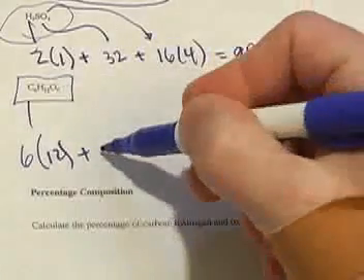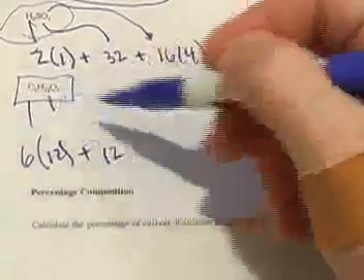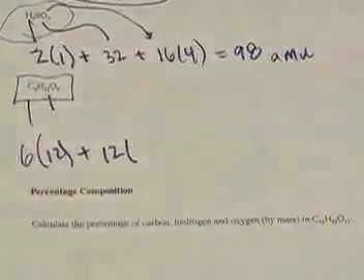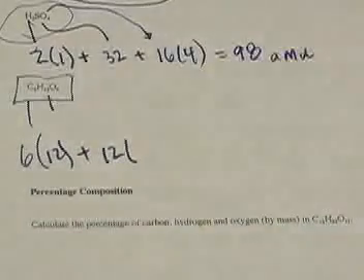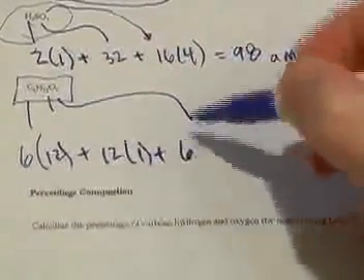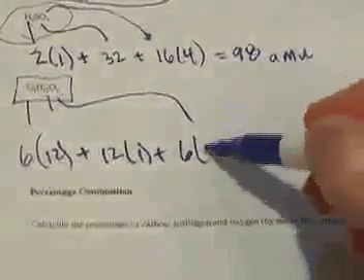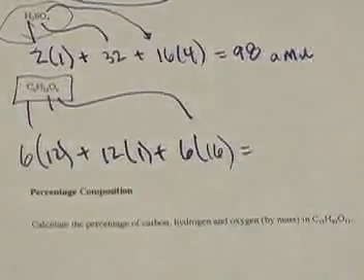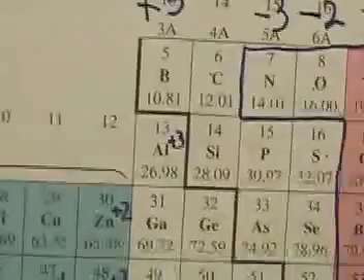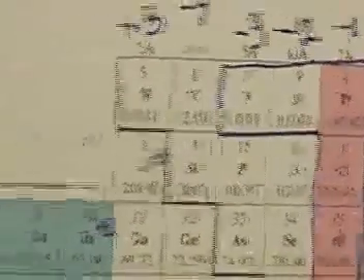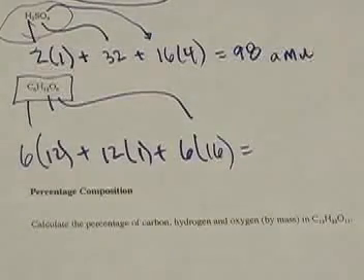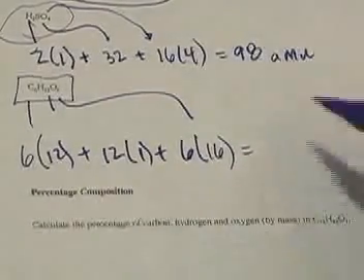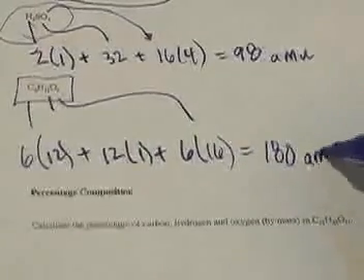Plus hydrogen, there's 12 of them in this formula, and I need to multiply that by hydrogen's atomic mass, which is 1.008, pretty close to 1, plus oxygen's atomic mass, and I need to multiply that by 6 because there's 6 of them. 6 times 16, because oxygen's atomic mass is 16 if I look at it on the periodic table right here. So make sure you've got your periodic table in front of you, because we're going to do this a whole bunch of times. If I multiply these together and add them up, it turns out to be 180 atomic mass units.